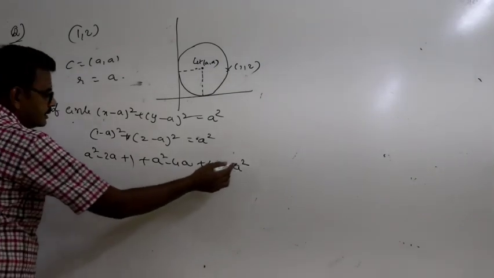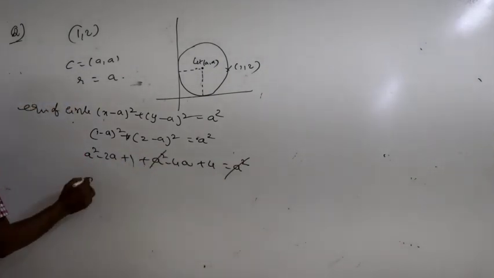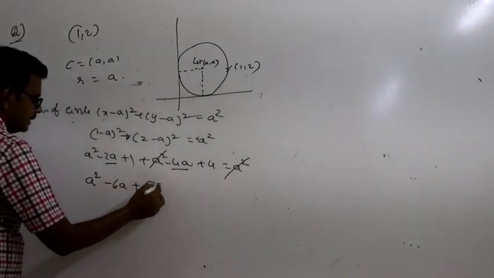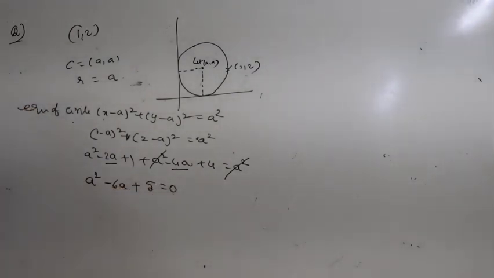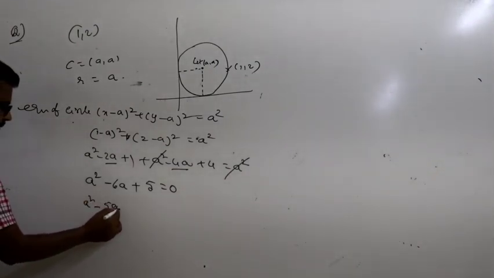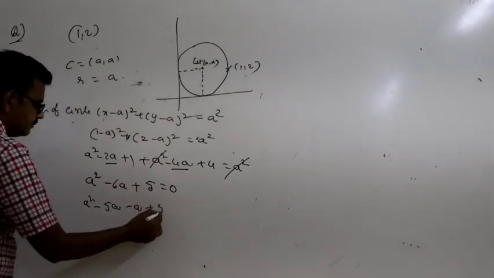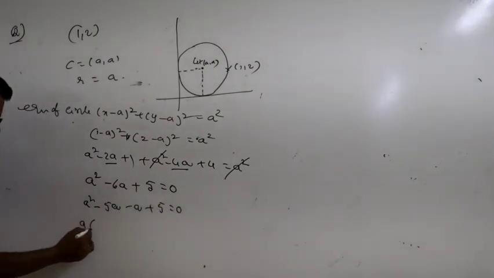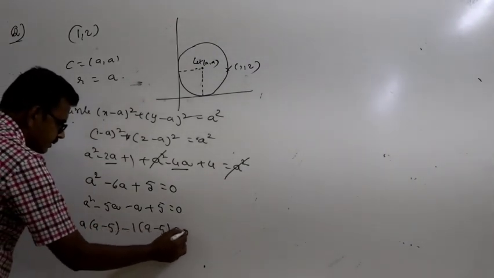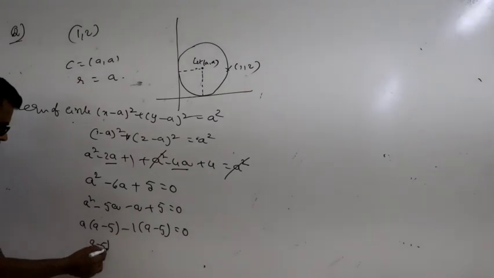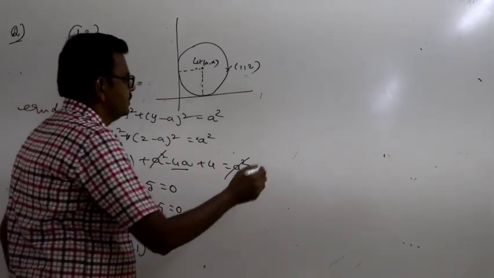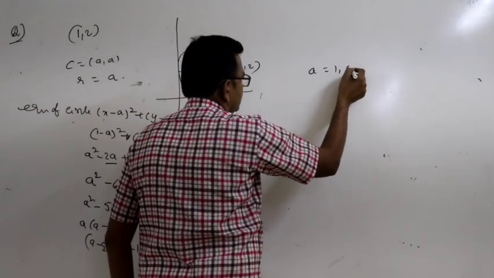So a square gets cancelled. So a square minus 6a plus 5 is equal to 0. By factorizing, a square minus 5a minus a plus 5 equal to 0, a into a minus 5 minus 1 into a minus 5 equal to 0. So a minus 5 into a minus 1 is equal to 0. Therefore, a is equal to 1, 5.